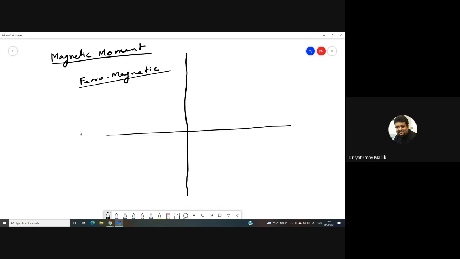So what essentially happens is that I have a rock sample, and I subject it to an external magnetic field, I keep on increasing the strength of the external magnetic field, and then I measure magnetization.